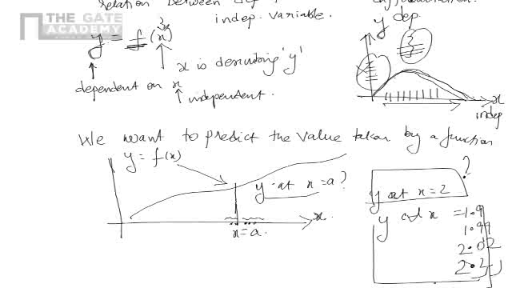Now x equal to 2 lies somewhere in this area, correct? So from this, by knowing all these values, I can predict what is y at x equal to 2. I can say that there is a tendency when I go from here and when I come from here, I almost reach the same value at this point.